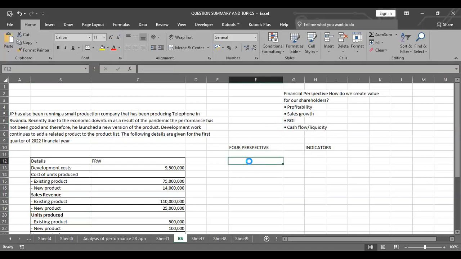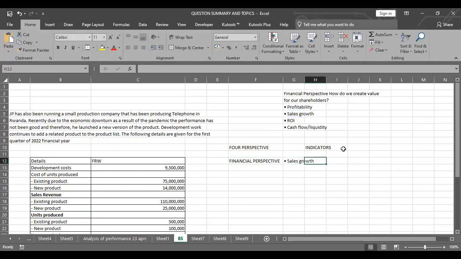So of my 4 perspectives, I check the financial perspective first. In the financial perspective, I could check the sales growth.